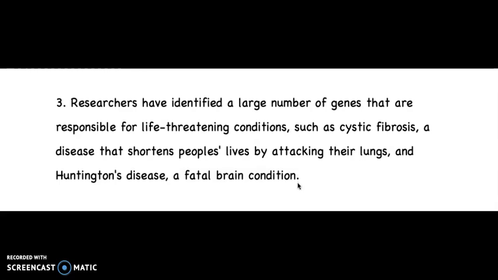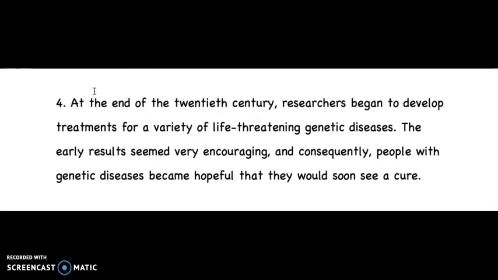So these are simply examples of the life-threatening conditions that are the effect of the large number of genes. So our marker is responsible for, because it's like saying it's the cause. The large number of genes are the cause, and the life-threatening conditions are the effect. Okay, example number 4.